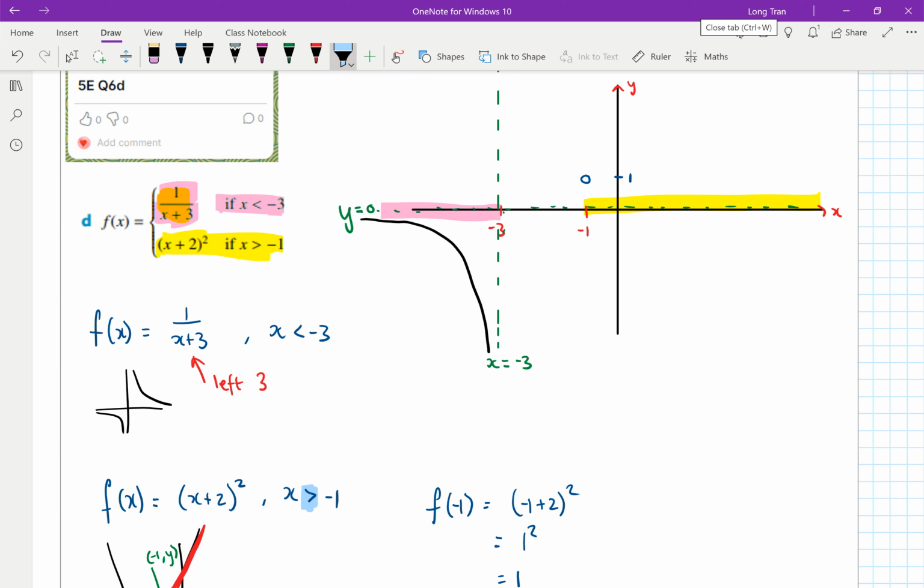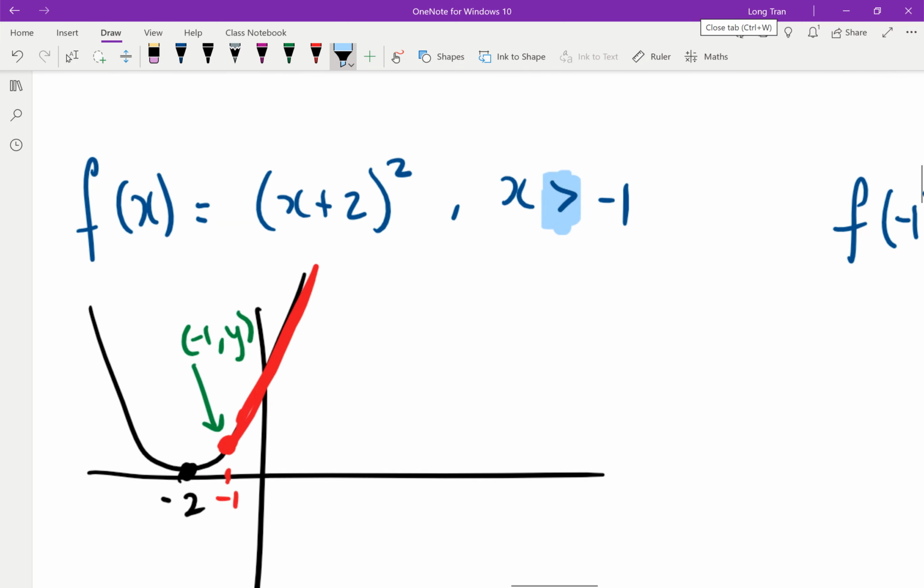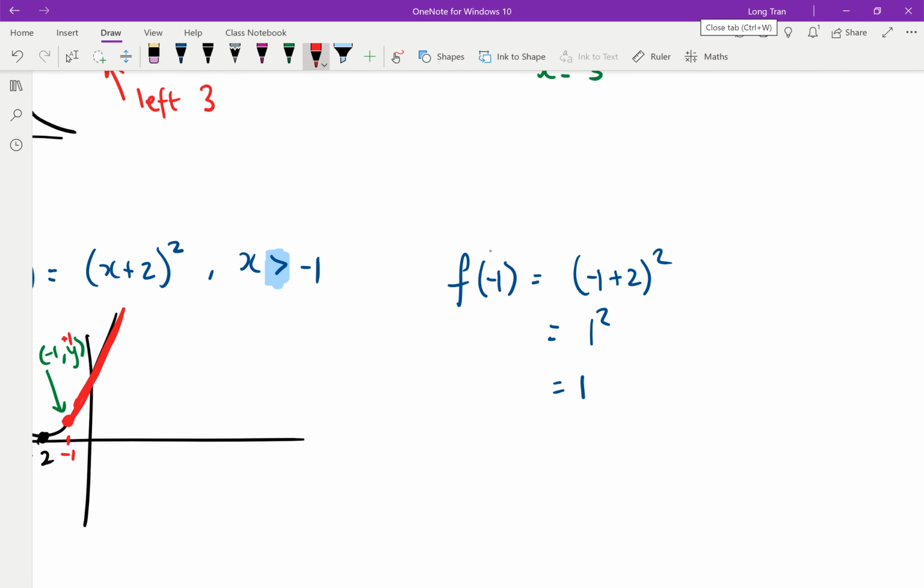But with this point, I know I'm only sketching the part in red, because I only want from -1 onwards. So the coordinate is -1, 1: when x is -1, the y value is 1. That's the starting point.